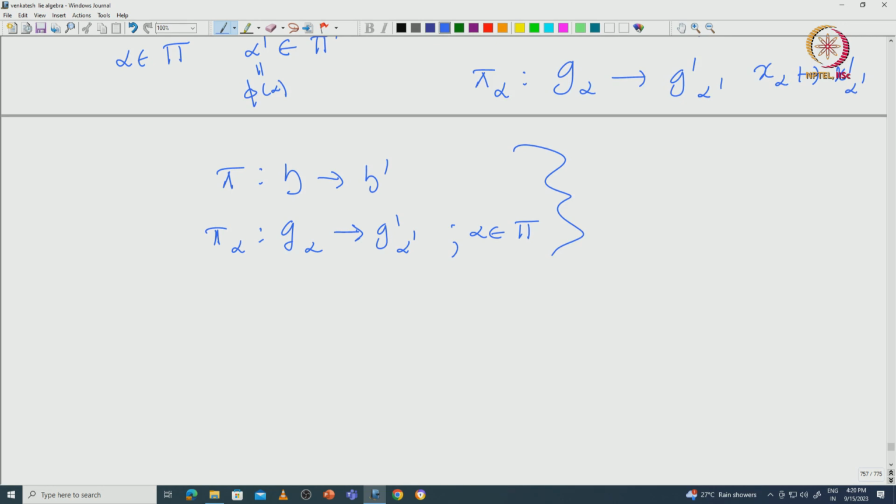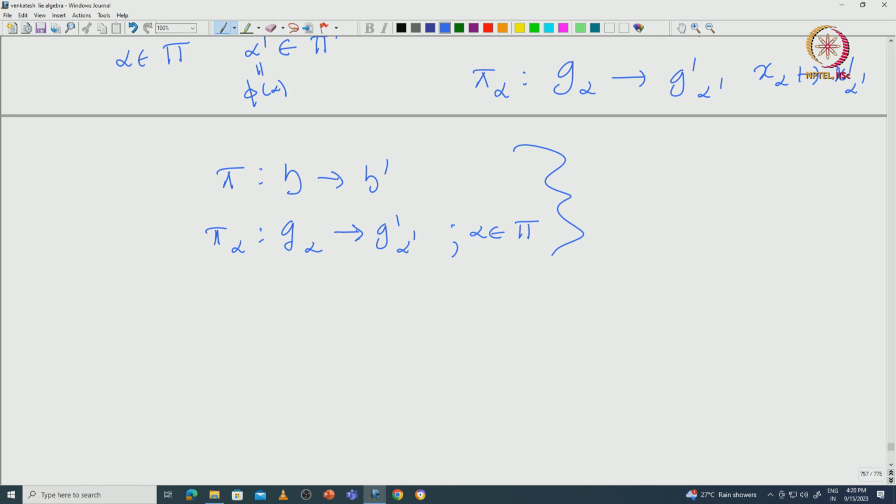Why does one expect something like that? Because g is generated by the g alpha, and if x alpha is chosen, then y alpha is uniquely determined inside g minus alpha, such that the bracket x alpha y alpha is H alpha.